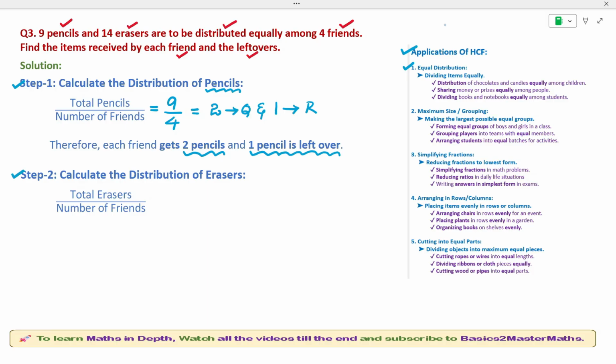Step 2. Calculate the distribution of erasers. That is, total erasers divided by number of friends.